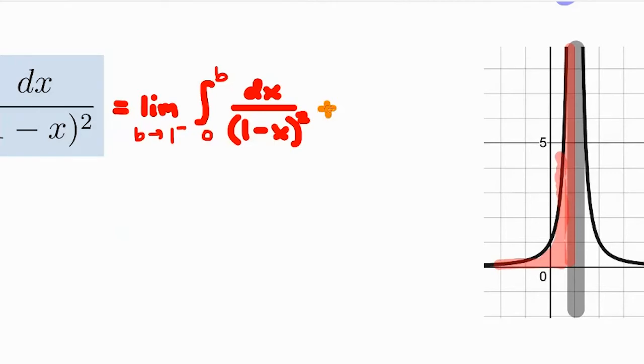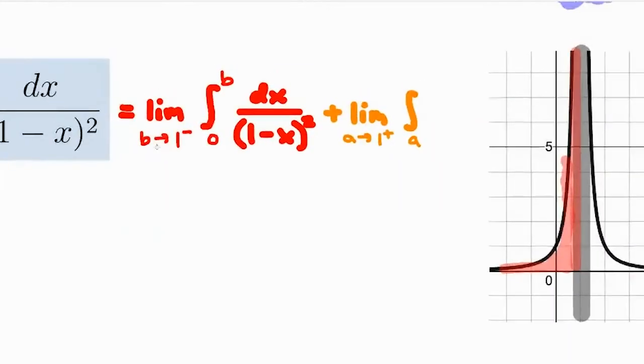So we're going to add this to the limit as a approaches 1 from the right. And we're going to do the integral from a to, wait, where are we going again? 3? Yeah, 3, of x over (1 minus x) squared.